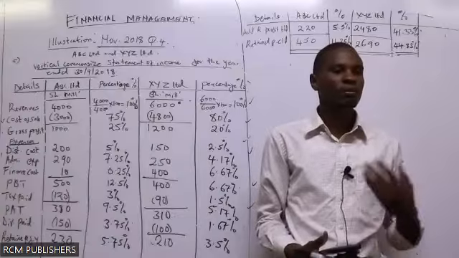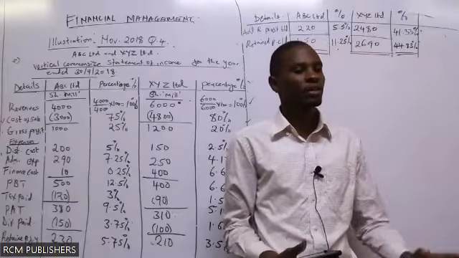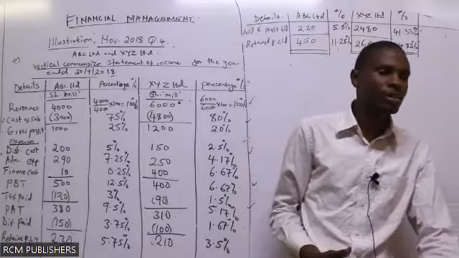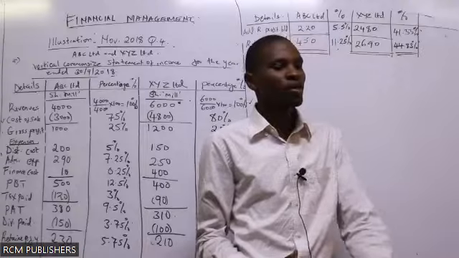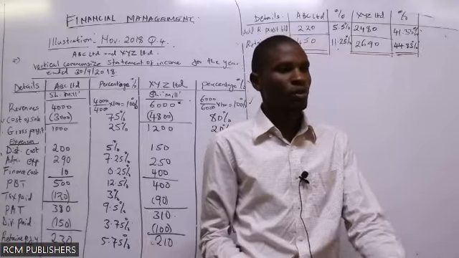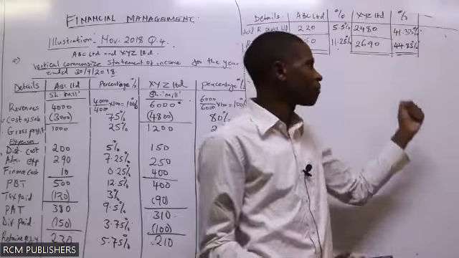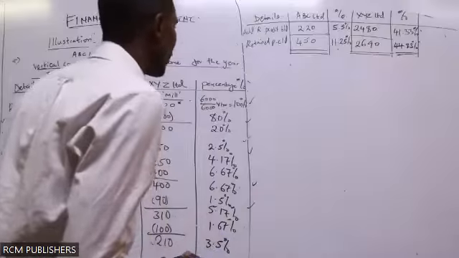Which company performed well during the year of 2018, comparing the two, the XYZ and ABC? Of course, company XYZ performed well compared to company ABC, depending on the profit generated at the end.